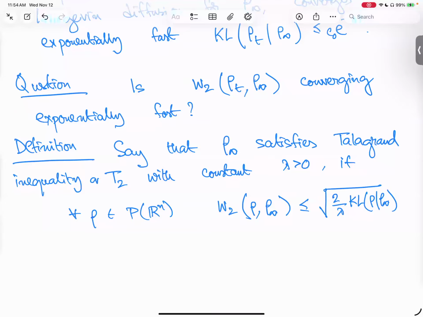So we say that rho infinity satisfies Talagrand inequality with constant lambda if this happens.